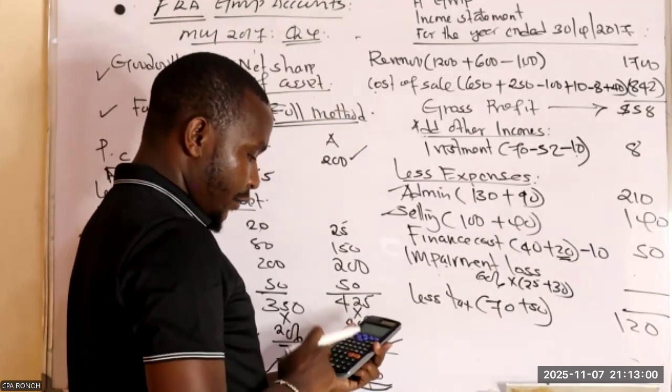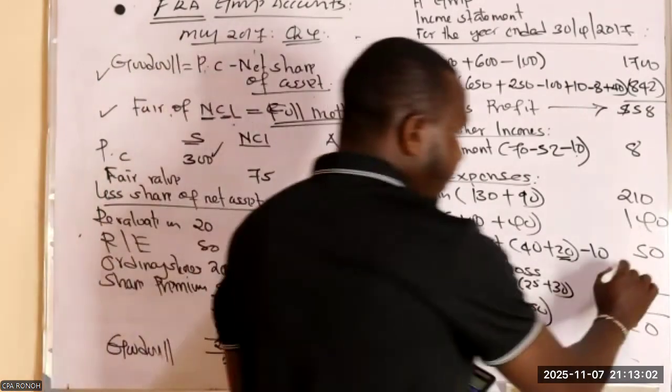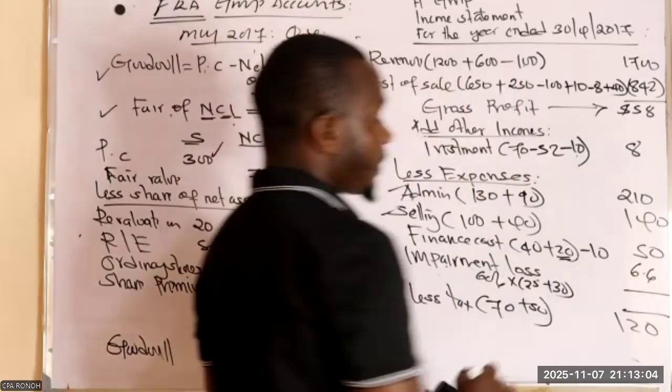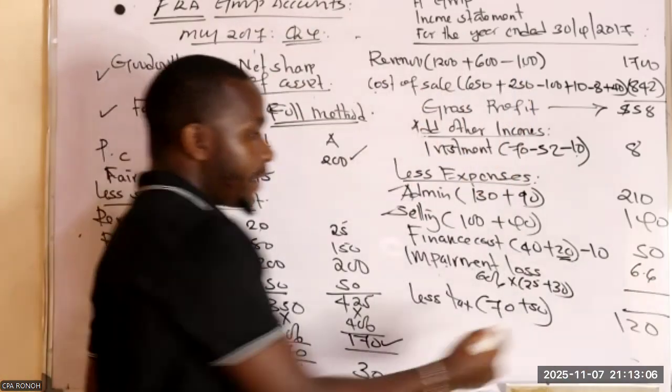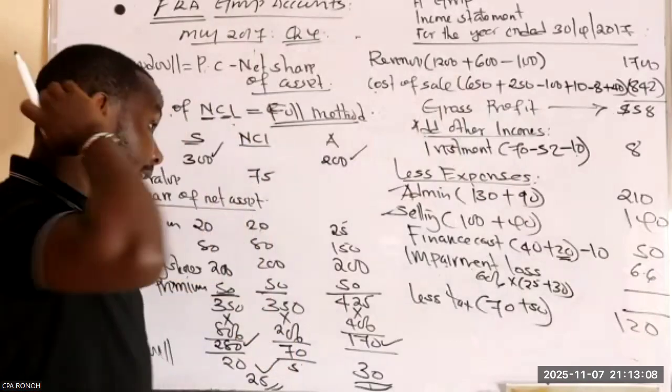So multiply by 20% to give us 6.6. So that is the impairment for the current year.